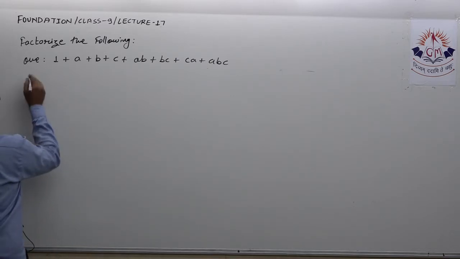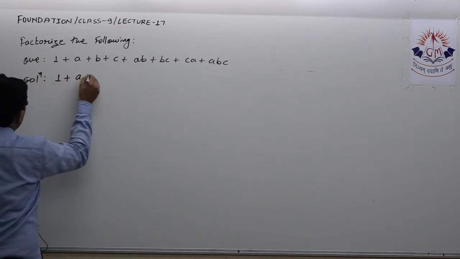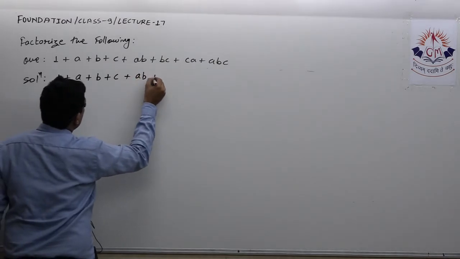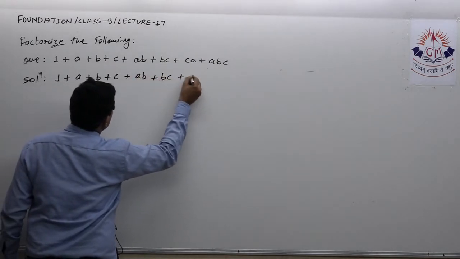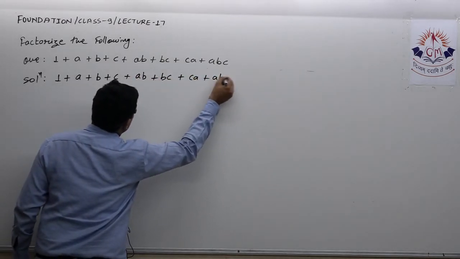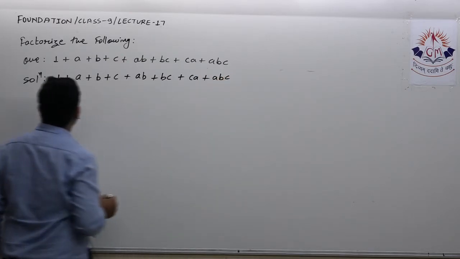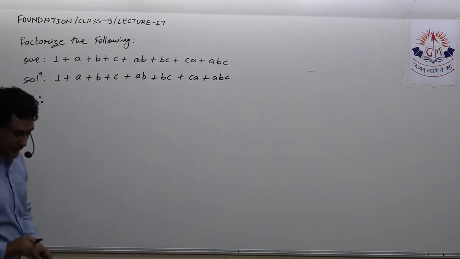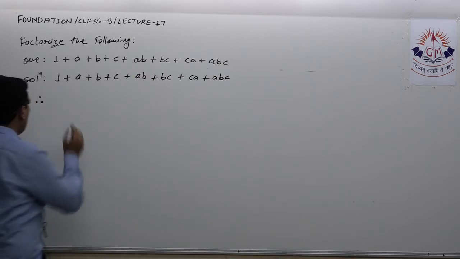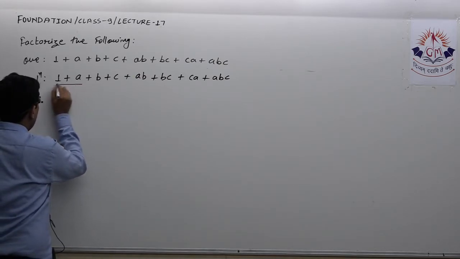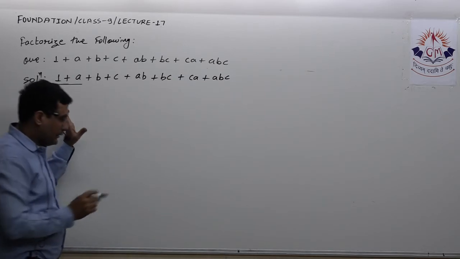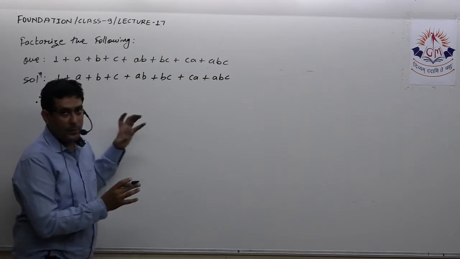Okay, so let me give you its solution. 1 plus a plus b plus c plus ab plus bc plus ca plus abc. Okay, so here definitely we have to rearrange the terms. So suppose I want to take common 1 plus a. Okay, suppose I want to take common in such a way that 1 plus a will be in the bracket.